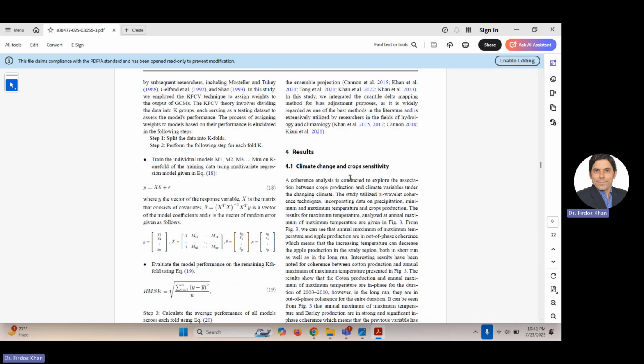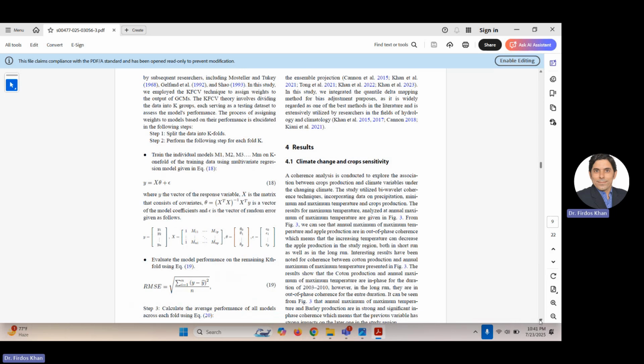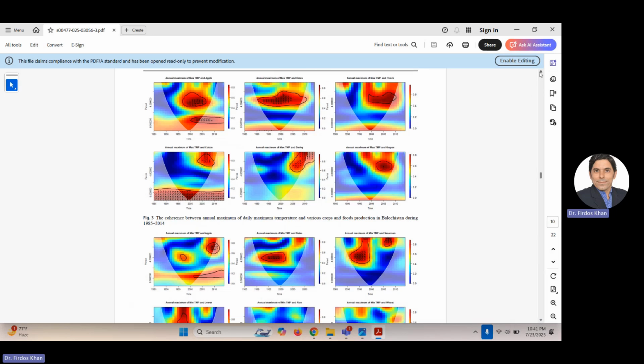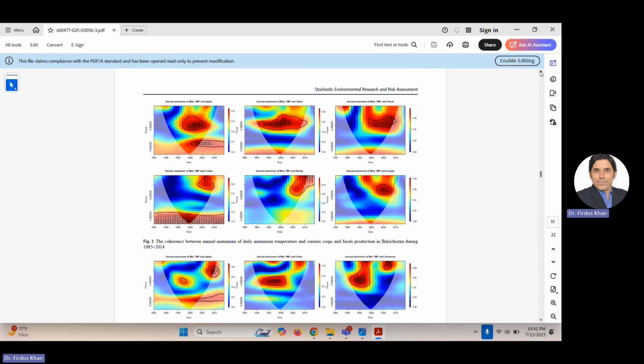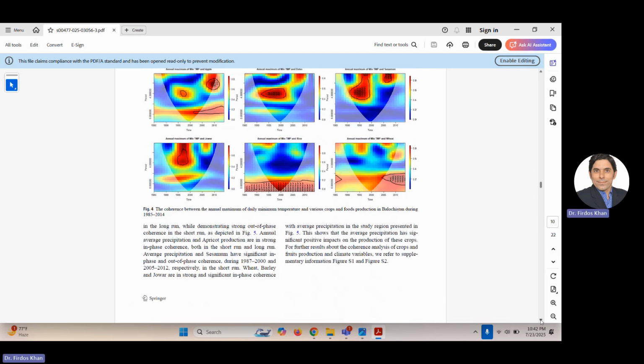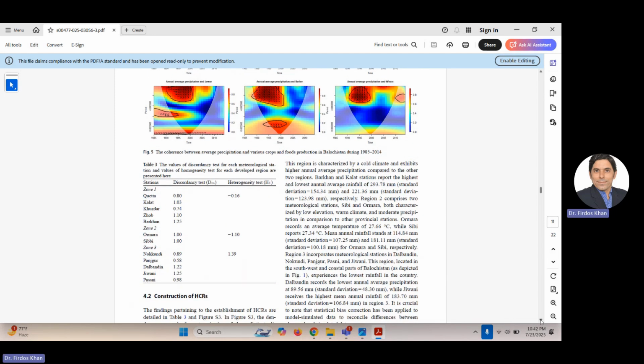So now the results: climate change and crop sensitivity. You will see the plots which we have calculated. Yeah, these are the plots, and you can see those videos. Detail is given in those videos about how to interpret these figures. So this is about the coherence analysis, and these are the climate zones which were developed by using cluster analysis and then the discordancy test and heterogeneity test.